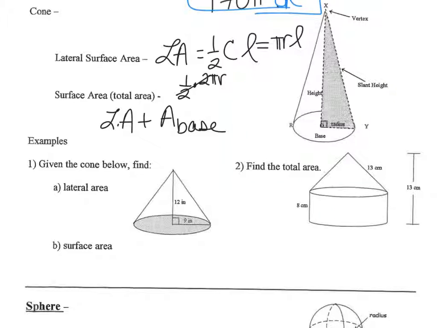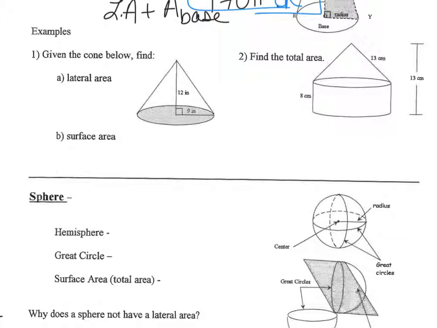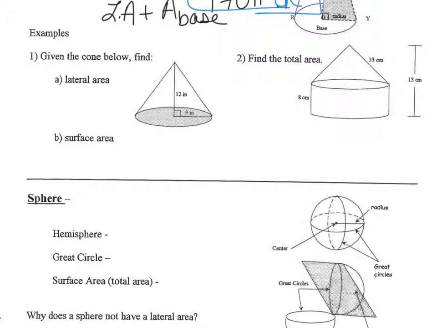So let's try this out. Let's find the lateral area of the cone in example 1. So the lateral area is equal to pi times the radius of 9 times your slant height, which we don't have.